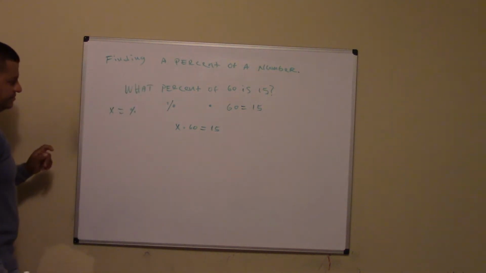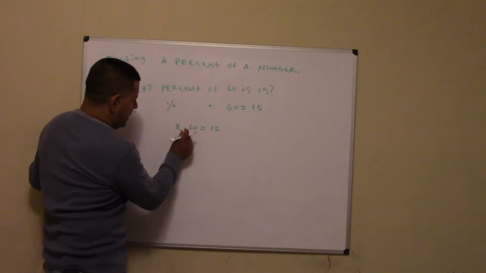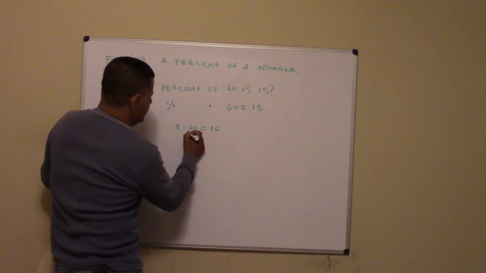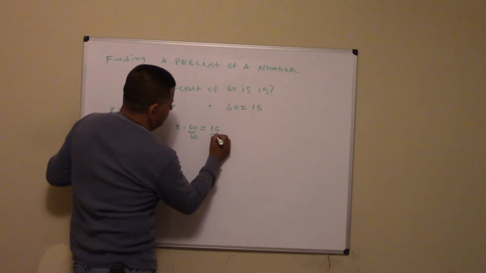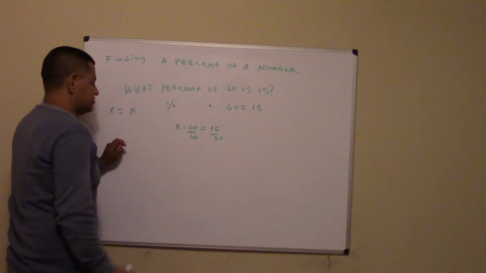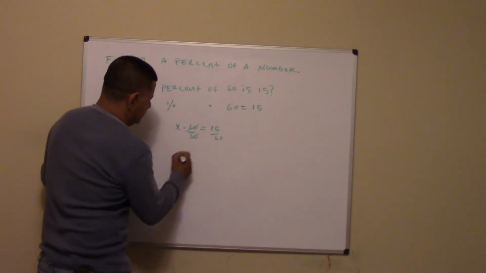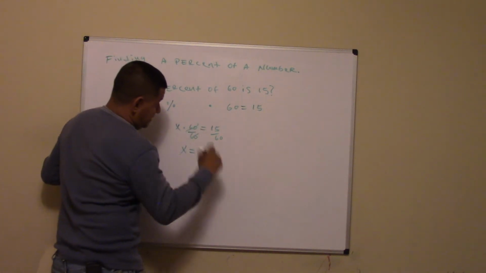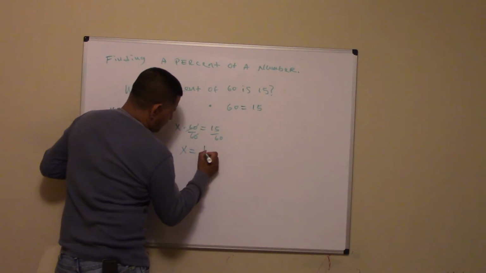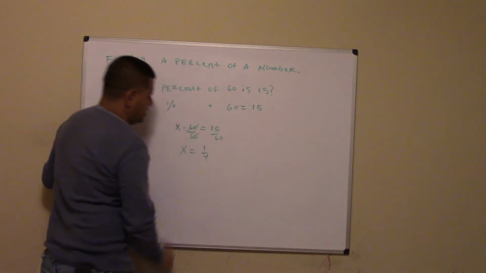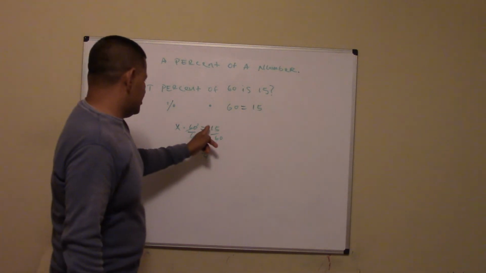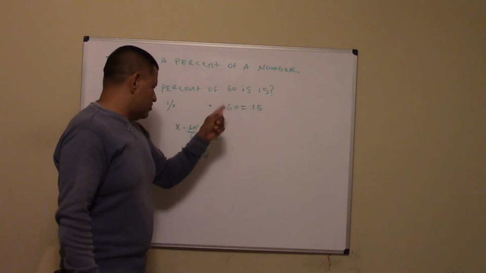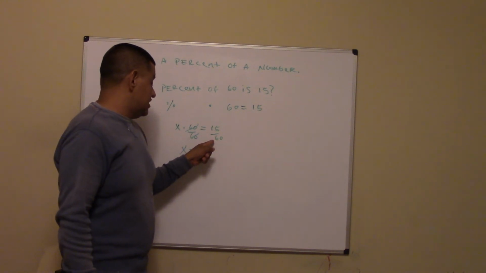Now, let's divide. I have an equation right here. Remember, I have an equation, so I have to divide by 60. Divide by 60, and this cancels out. And x is equal to simply 1/4, right? Reducing that, how many times does 15 go into itself? It goes 1 time. How many times does 15 go into 60?